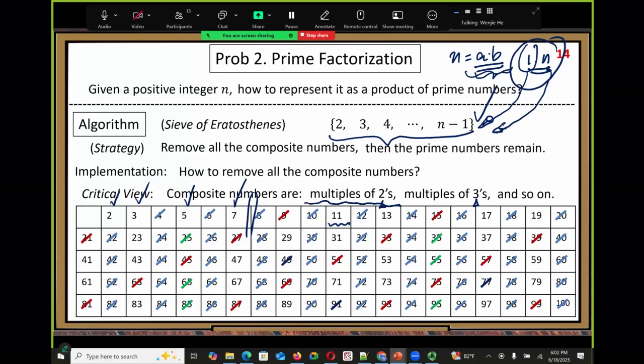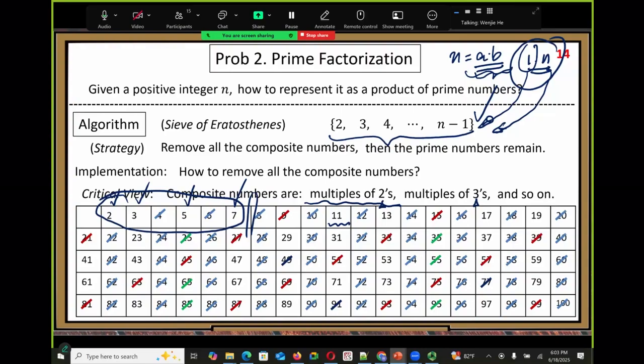So why is that? Why do we only need to do 4 rounds? Then it is guaranteed that all the remaining numbers are prime numbers. That's another important property. In our understanding phase, we didn't discover it.